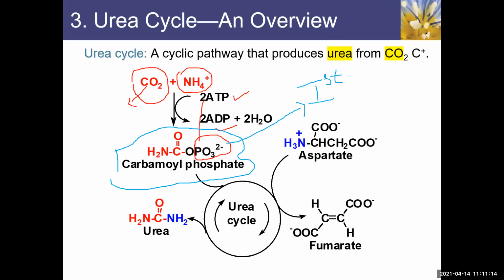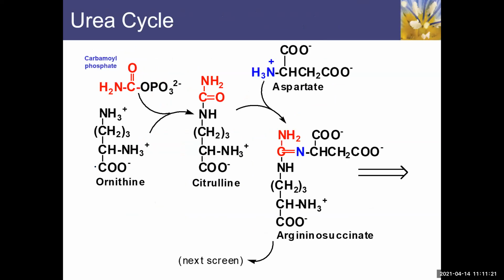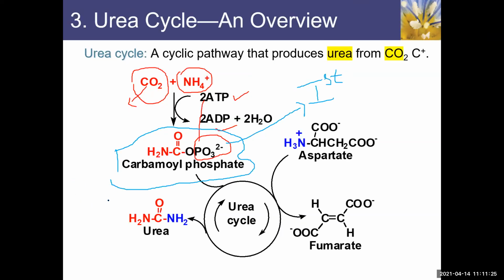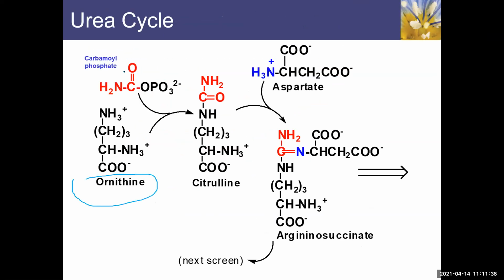Okay. So what do we have till now? We have the carbamoyl phosphate here. This carbamoyl phosphate, what will happen? It will combine with the ornithine. So this carbamoyl phosphate plus ornithine, this is the ornithine, right?